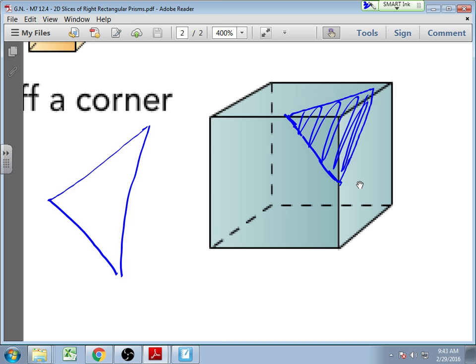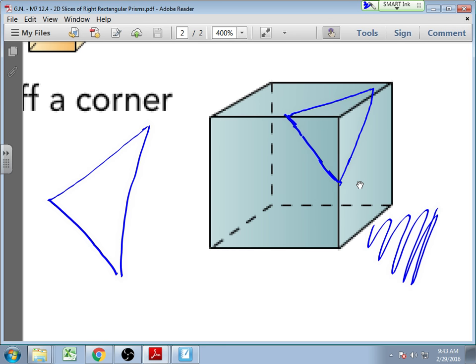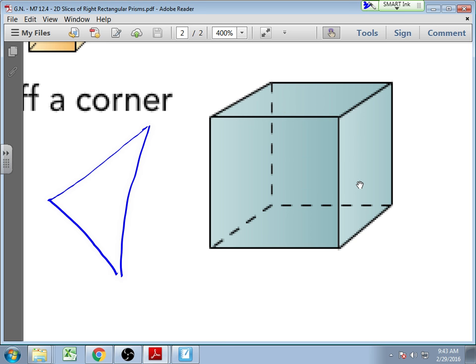If you want to draw that on your paper for your reference, draw it on the right corner of this prism. You're going to draw a line across the top diagonally, a line down, and if you want step-by-step directions, put a midpoint here, put a midpoint here, and put a midpoint here, and then connect them all. It's easier if you have points that you're trying to get to. Then you can see your triangle a little bit easier.